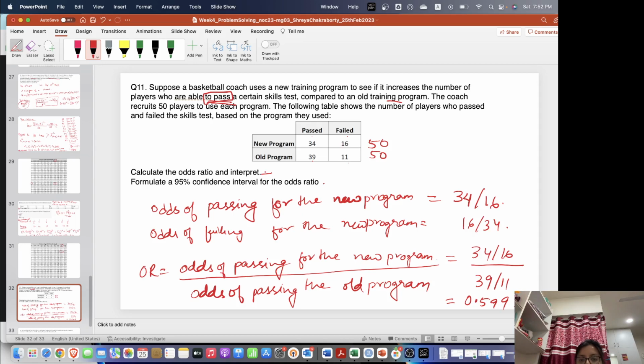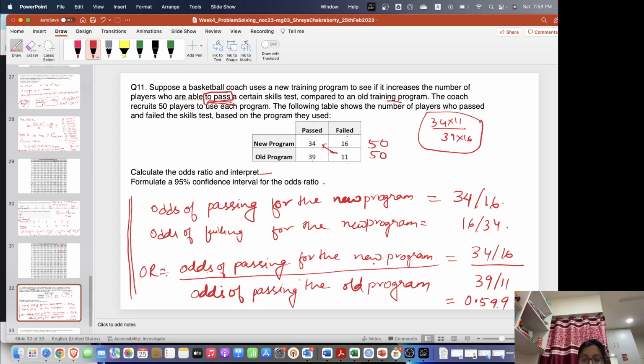If we do not go for interpretation, naively the odds ratio of passing will be 34 into 11 divided by 39 into 16. Same thing, okay? But it's better to formulate this way because it gives us clarity and shows us how we can interpret an odds ratio. So the odds of passing the new program is 0.59 times the odds of passing the old program.